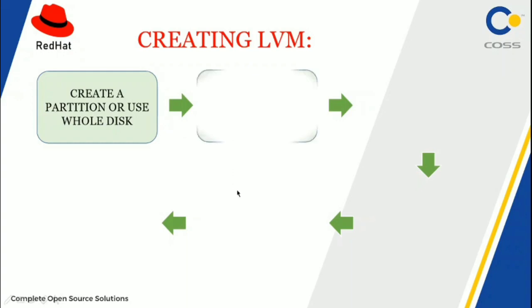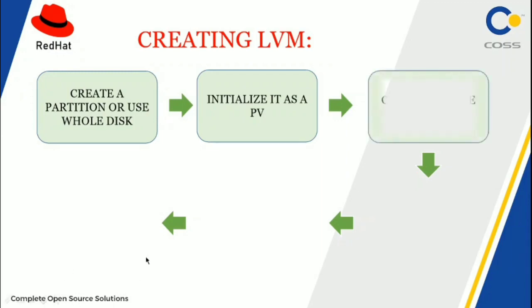So what are the next steps? The next step is to initialize it as a PV. If you add the partition or the whole disk into your physical volume, then you can create your volume group. When you are creating the volume group, you have to provide a name for it, definitely, and you can also specify the size of each small chunk, each physical extent, each physical masala box.